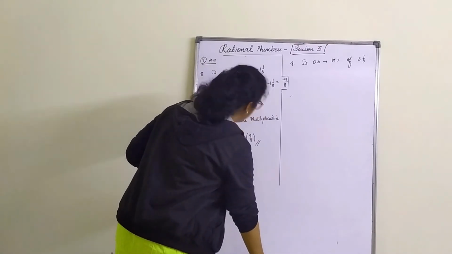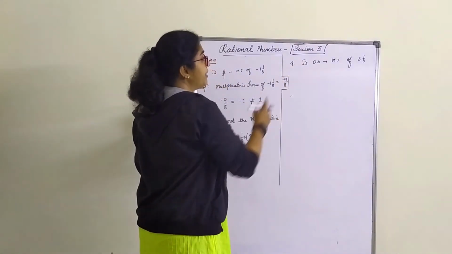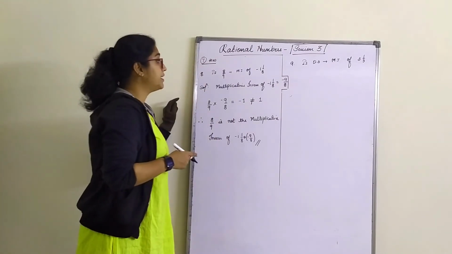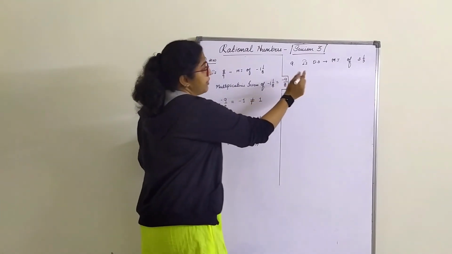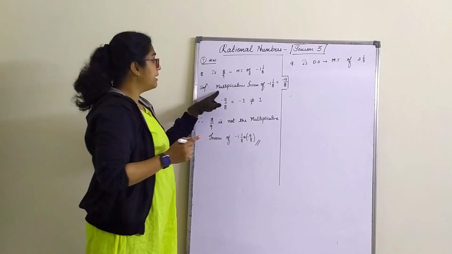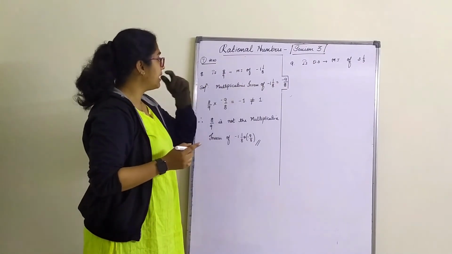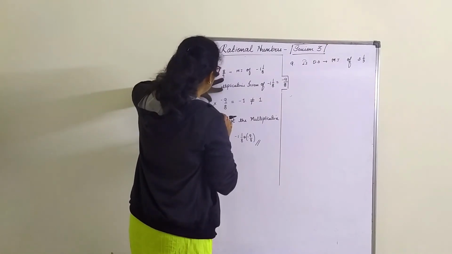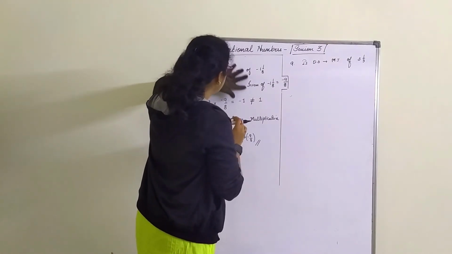Okay, we need to find. So first of all, we'll find whether that is a multiplicative inverse of that. One second, children. Multiplicative inverse of this, I need not write multiplicative inverse, because this is not the multiplicative inverse, right? Make some changes.